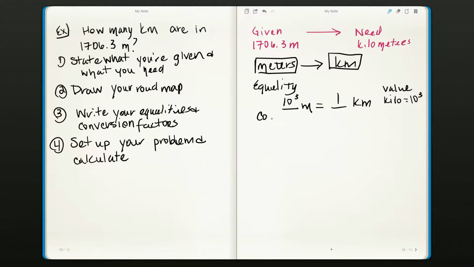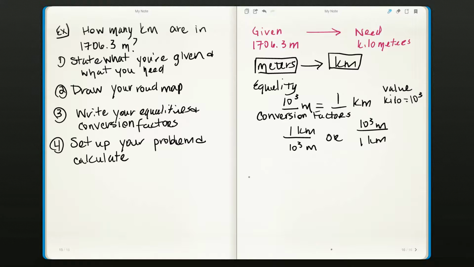Our conversion factors, we need to write those. So 1 kilometer per 10 to the third meters, or 10 to the third meters per 1 kilometer.